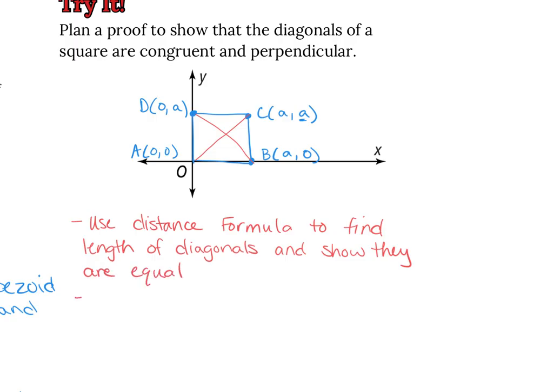Okay, second thing that I would want to do is find the slope of the diagonals to show that they are negative reciprocals and that they are forming 90-degree angles.